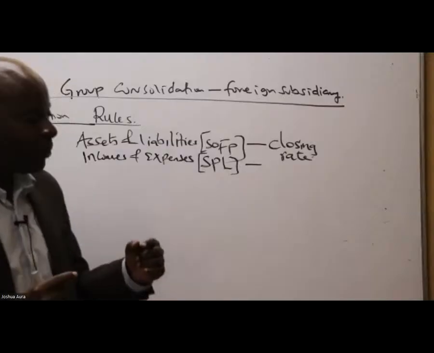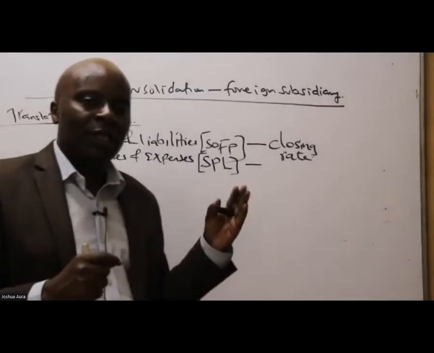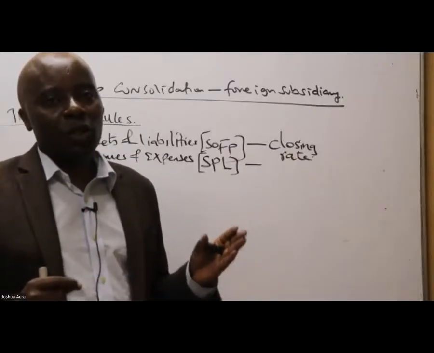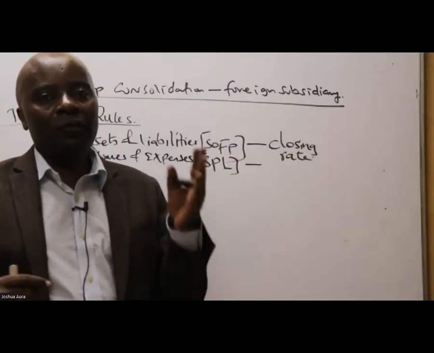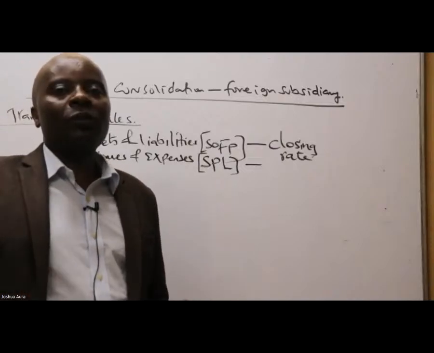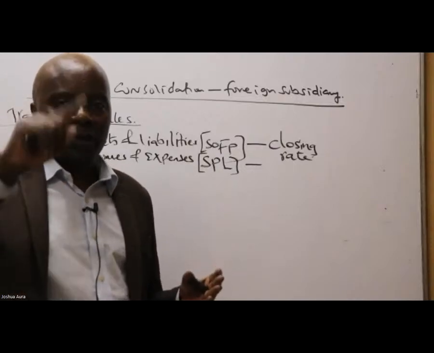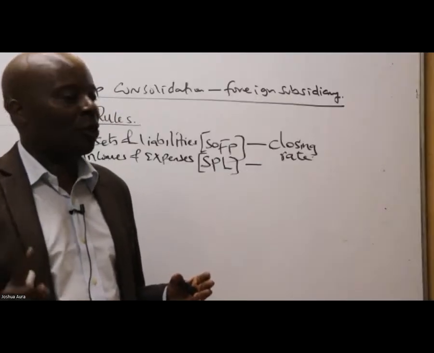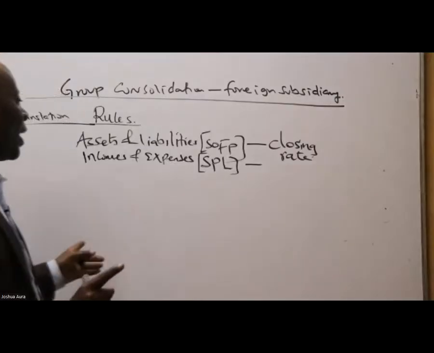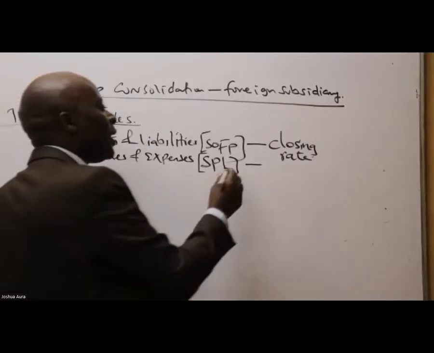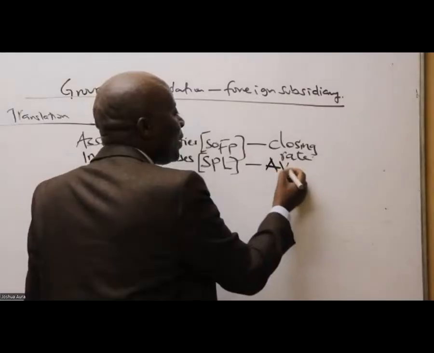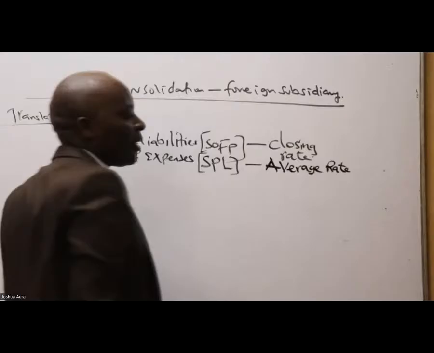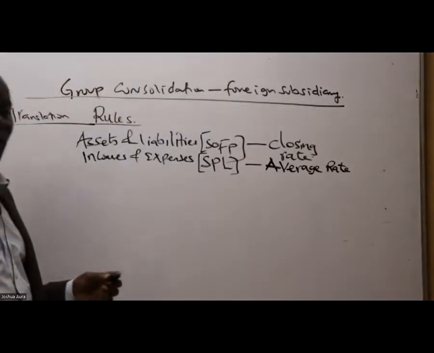You'll be getting, ladies and gentlemen, sales revenue coming to us on the 1st of January, sales revenue coming on the 5th of January, on the 12th of December, etc. So over the whole year, we have what we call transactions. So always, incomes and expenses, we shall be translating them using the average rate.